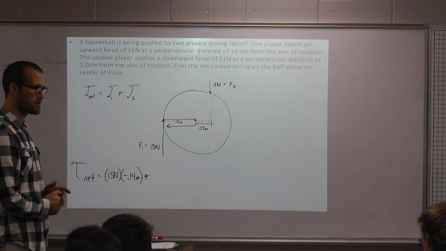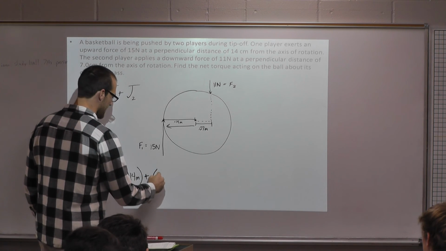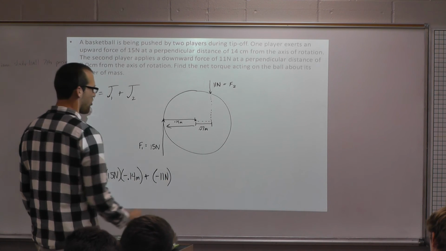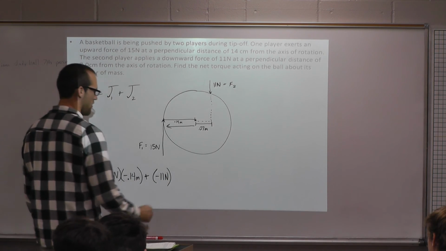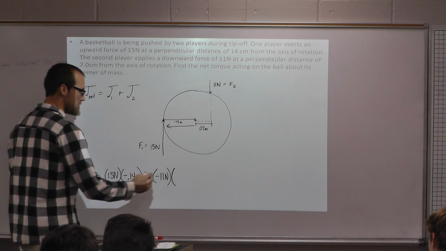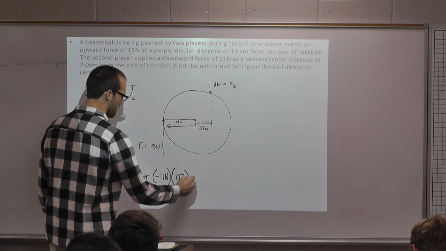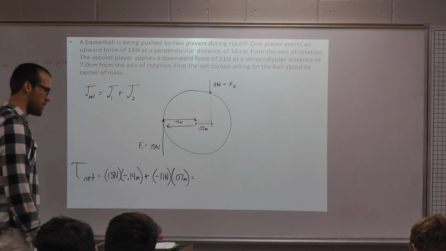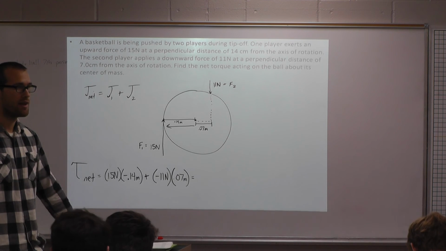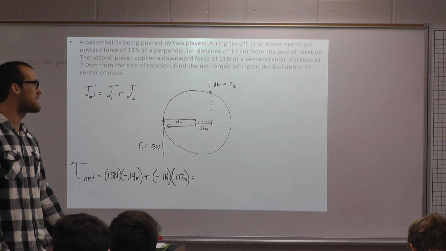Your force is negative because it's a downward force, but your lever arm or your distance in this case is positive because it's going to the right, 0.07. Now notice you're going to get a negative torque, which means it's going clockwise.